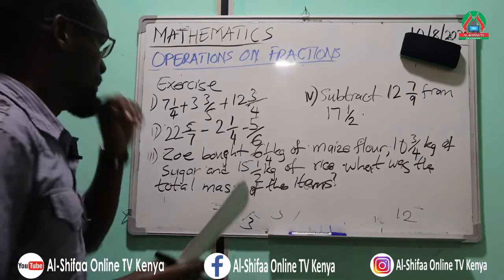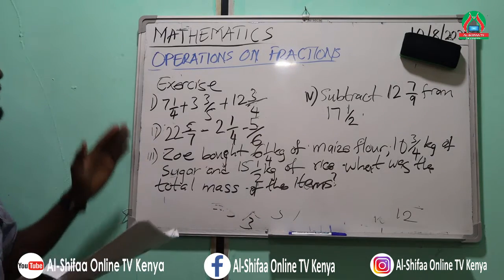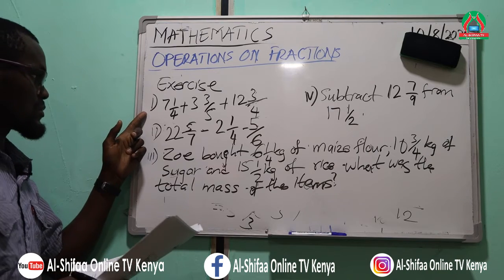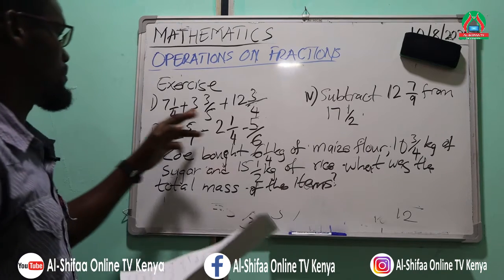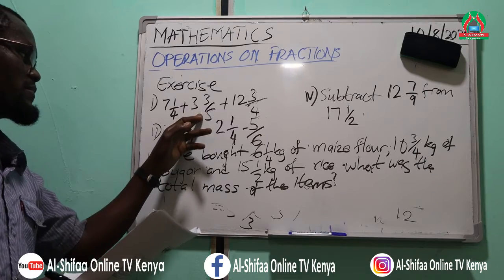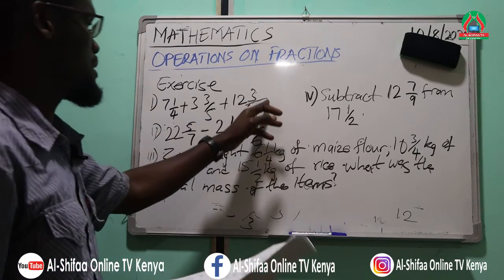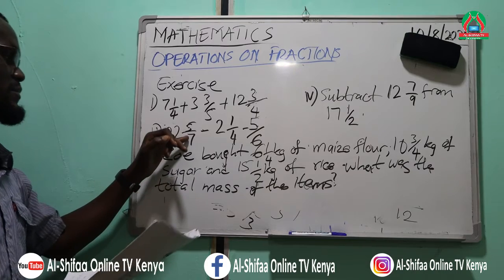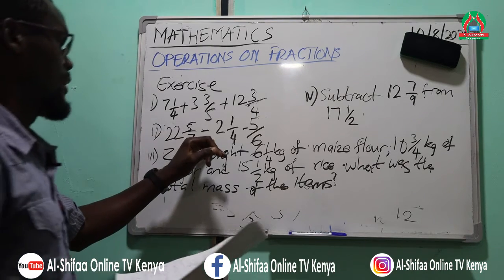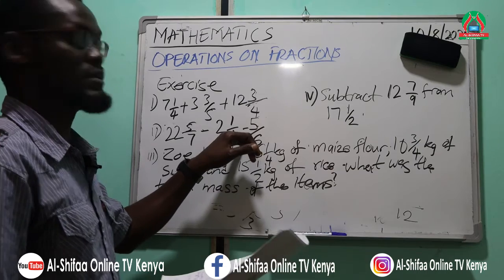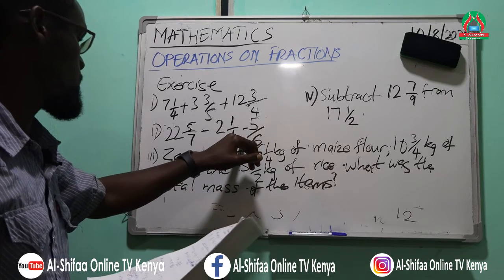So, for exercise purposes, we go through this. The first we asked is 7 1/4 plus 3 3/5 plus 12 3/4. In the second we have 22 5/7 minus 2 1/4 minus 5/6.